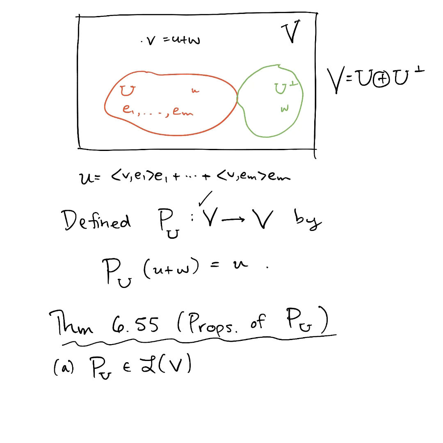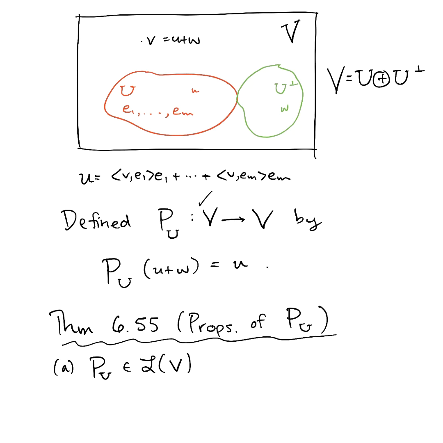Linear means it's got to respect addition, so that if you do P acting on V1 plus V2, that's the same as P of V1 plus P of V2. It's got to respect scalar multiplication, so P of lambda V is lambda P of V. So we have the definition of linear, and they're really easy to check.